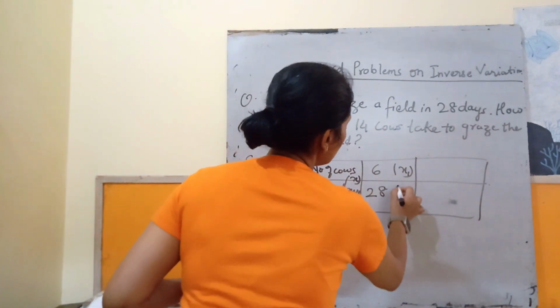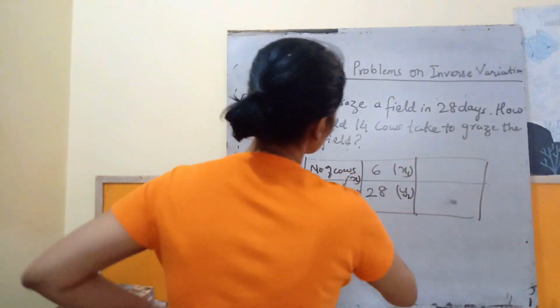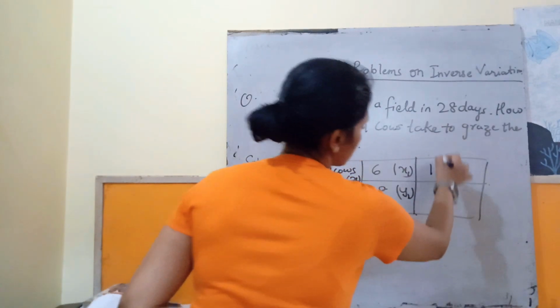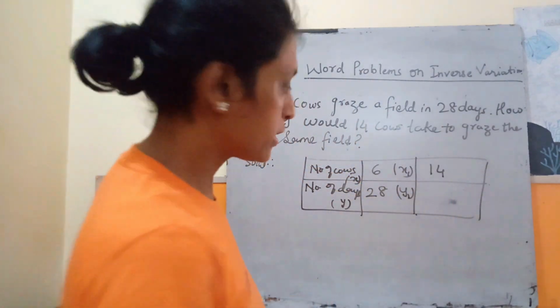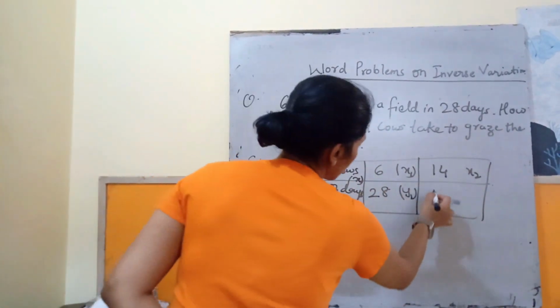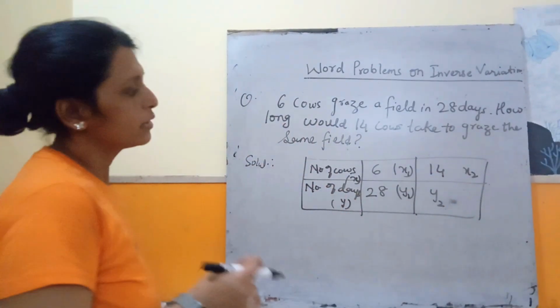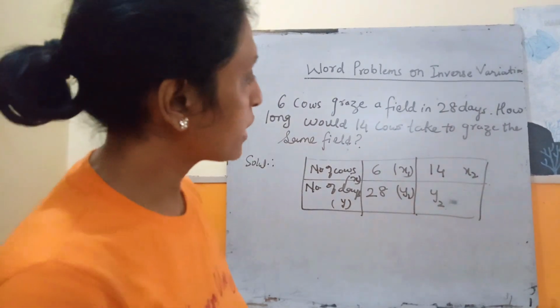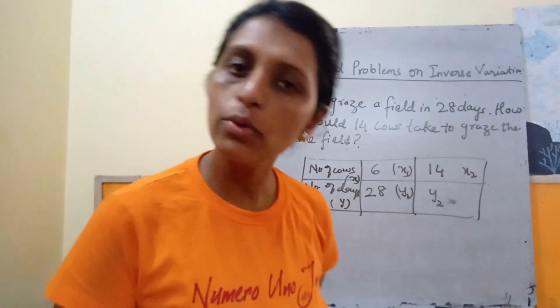Take it as y1. Then when we increase the number of cows from 6 to 14, consider it as x2, what will be the number of days that the cows will take to graze the same field?